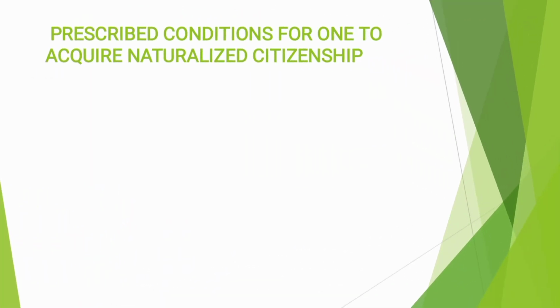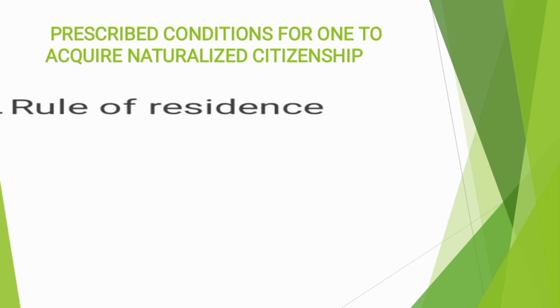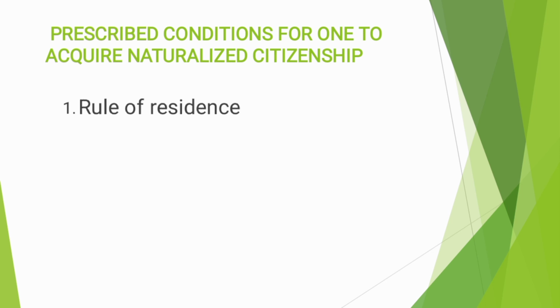So let us talk about the prescribed conditions that you need to meet for you to acquire naturalized citizenship. The first one is the rule of residency. This one requires foreigners, or let me say aliens, to stay in the host country for at least a minimum and uninterrupted period of time.